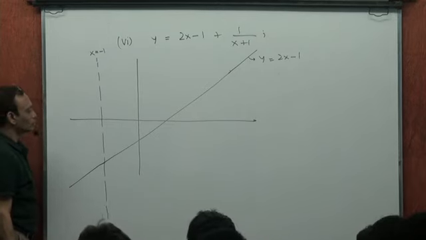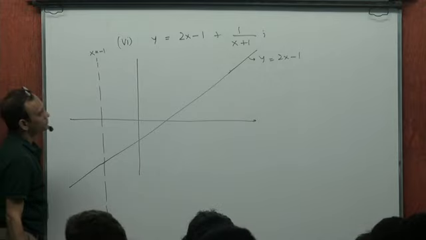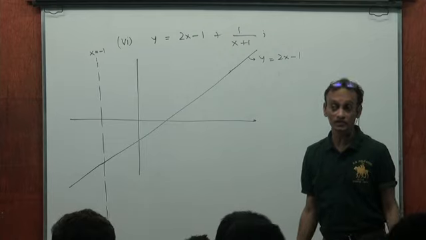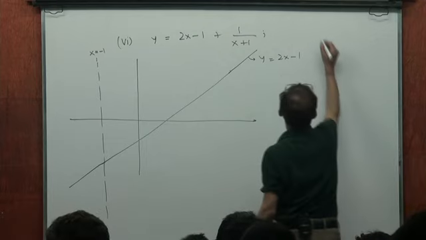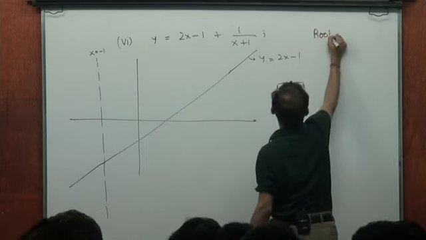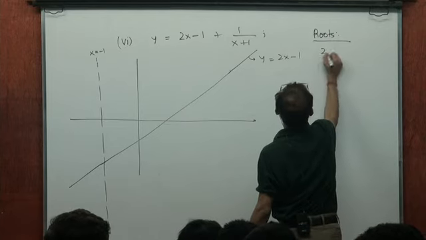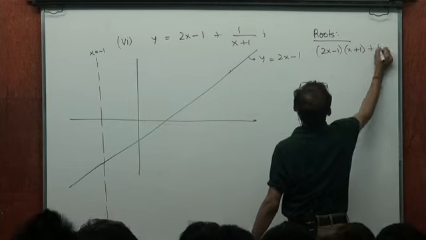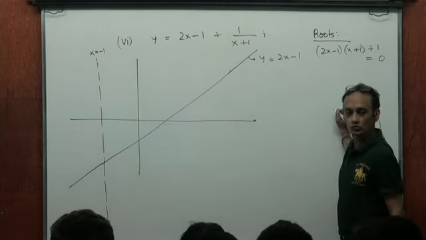Now let me find the roots of this, the values of x for which y becomes 0. (2x minus 1)(x plus 1) plus 1 will be 0 for roots.